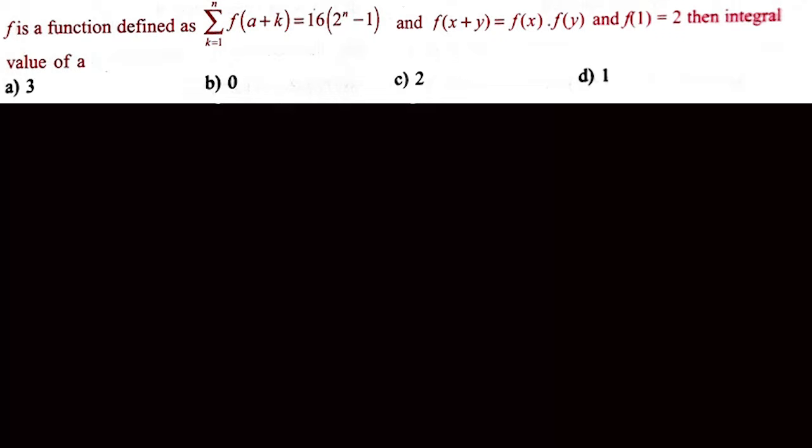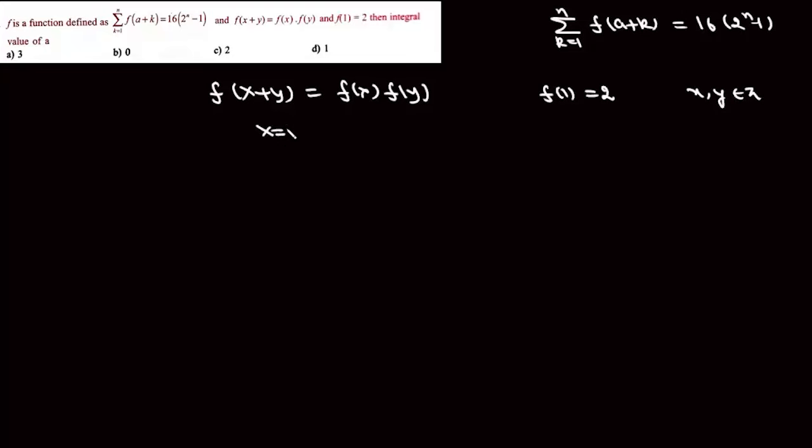Now since we need only integral values of f, we'll solve this question in integers. So let's take x and y as integers. We'll put x as n and y as 1. We can write f(n plus 1) will be f(n) into f(1), and f(1) is 2, so it will be 2f(n).